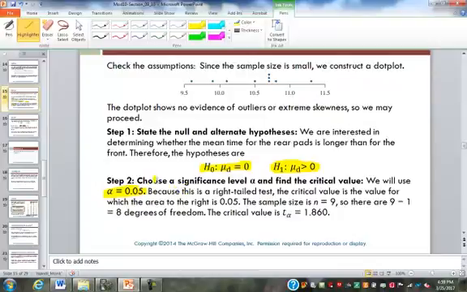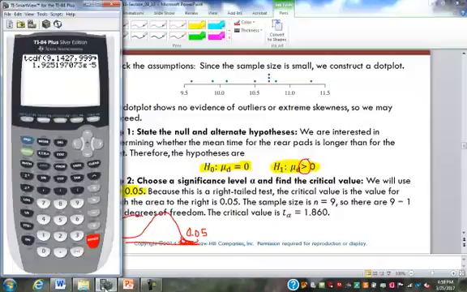So therefore, we're looking at the curve here. The alternative is greater than, so greater than is the right tail up here. So I want to know what value gives us 0.05 here. Well, n is 9, so we're looking at 8 degrees of freedom.